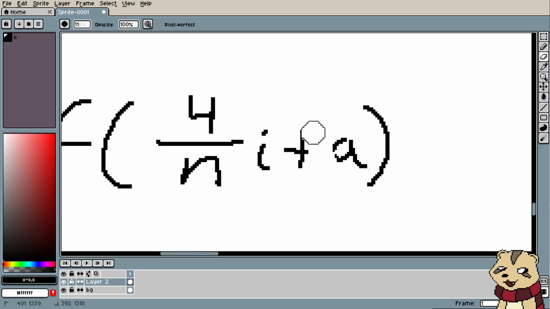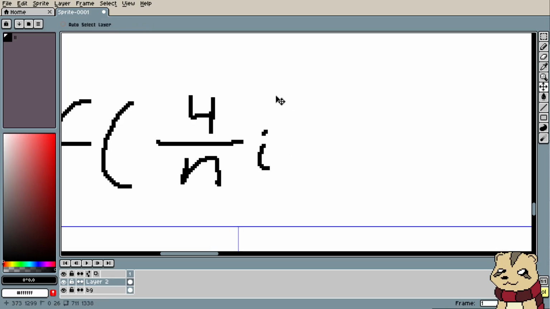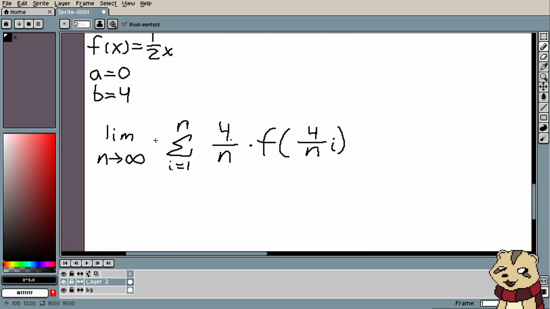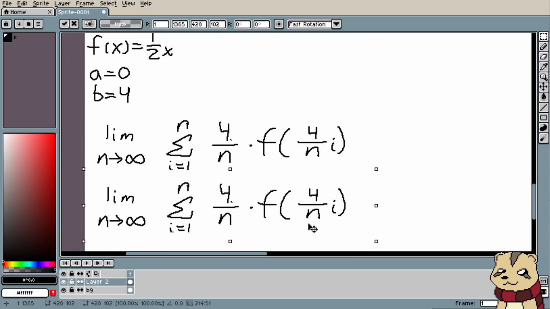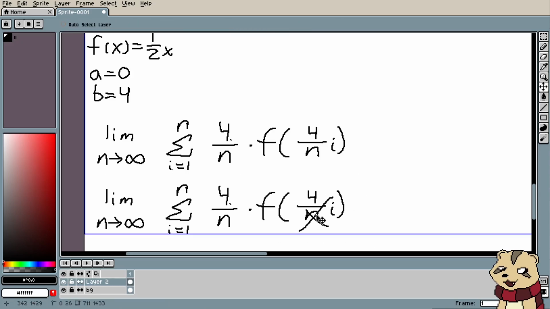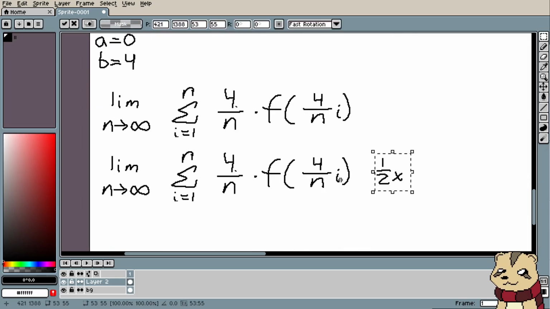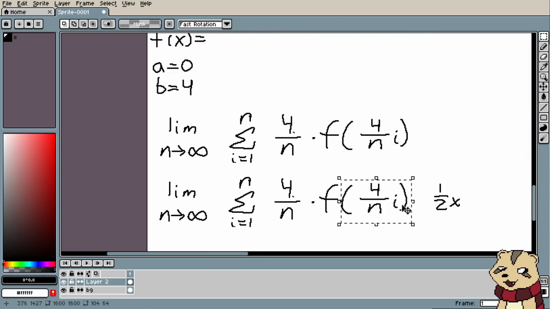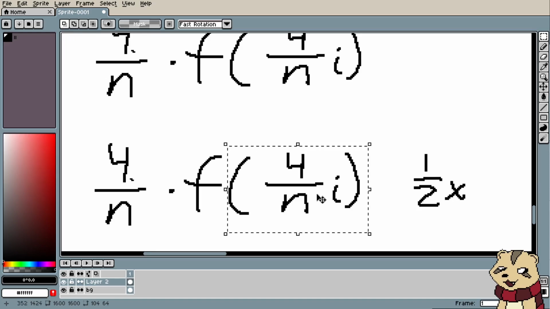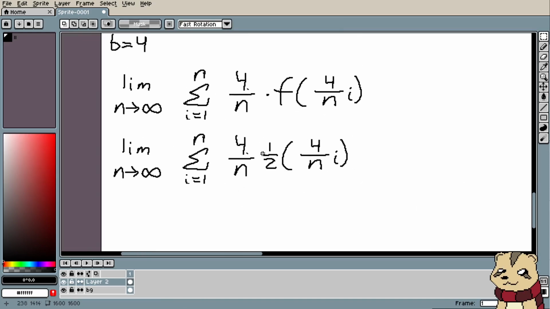This plus a goes away because a is 0. So now you just end up with this form. And remember, with f, this was f of x, but now we're going to substitute all the x's we see up here with 4 over n times i. So that's what that looks like. Some things to note.